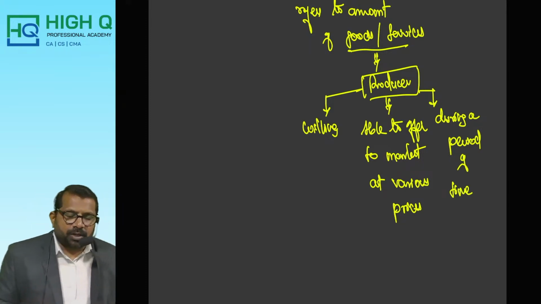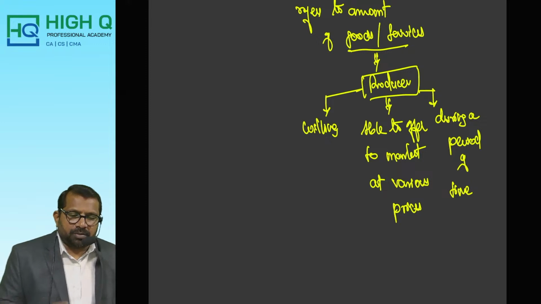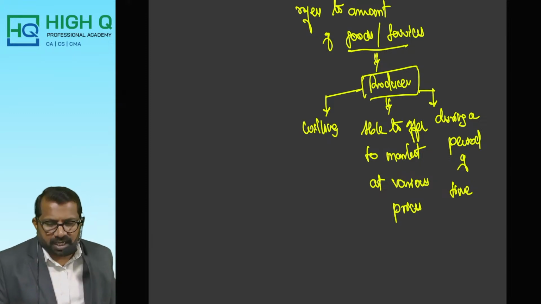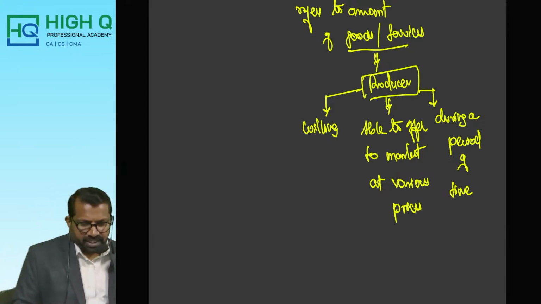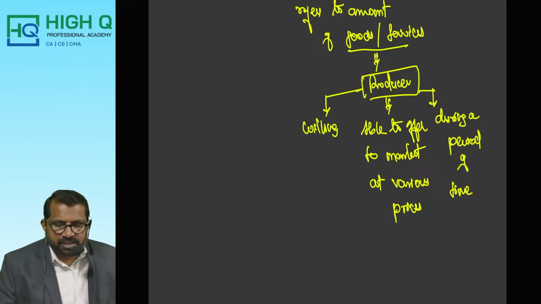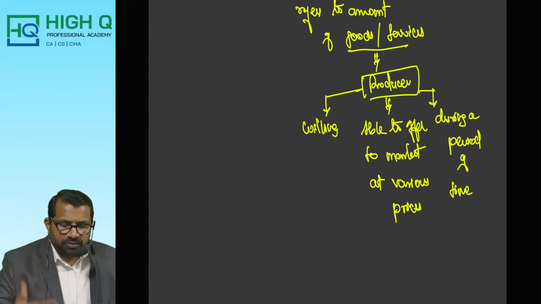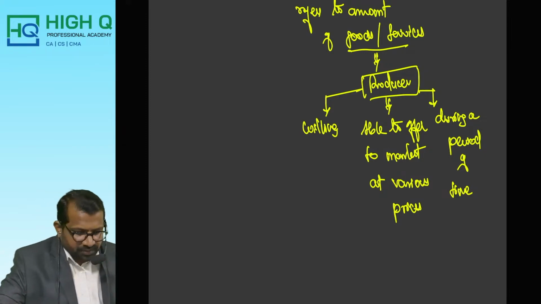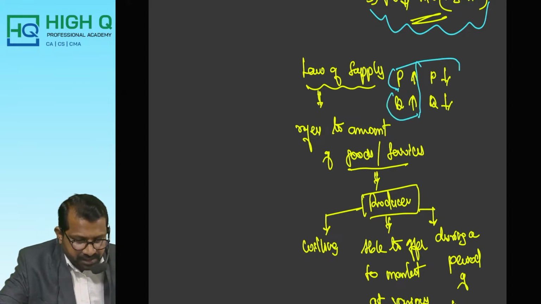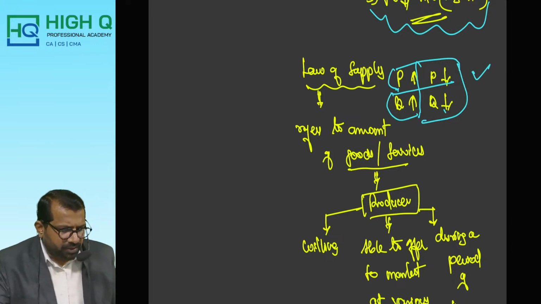From the supplier's point of view, once the price started to increase in the market, the supply also will be increased. In case the price started to decrease in the market, then the amount of supply also will be reduced. That's why here I mention when price increases, quantity supplied increases, and when price decreases, quantity supplied also decreases.